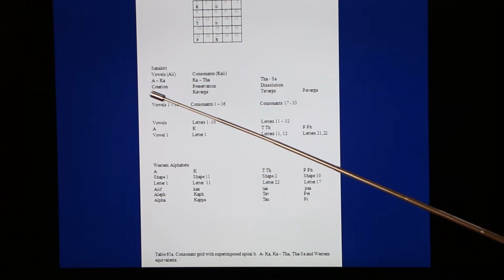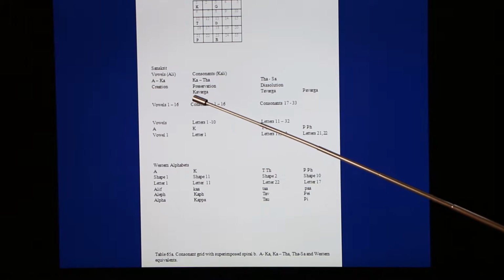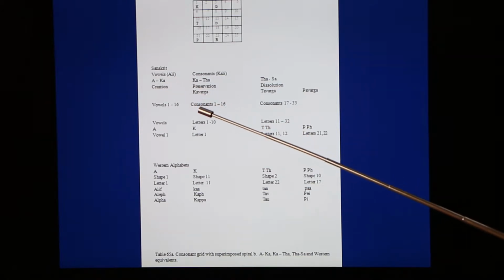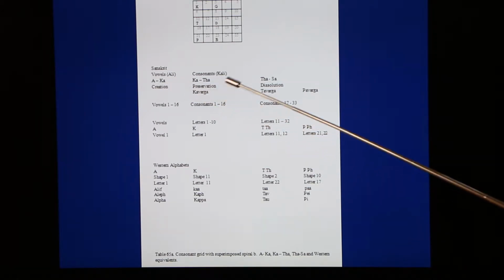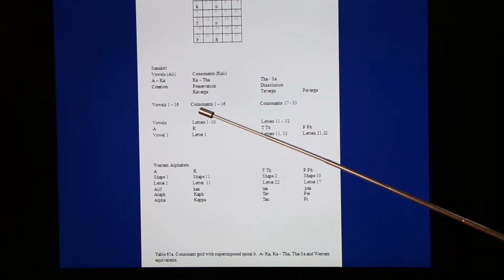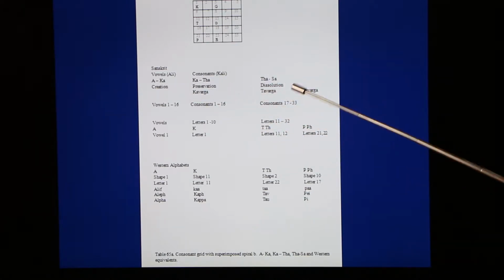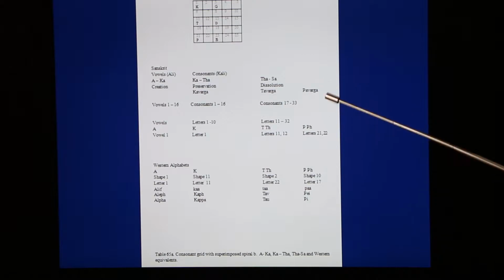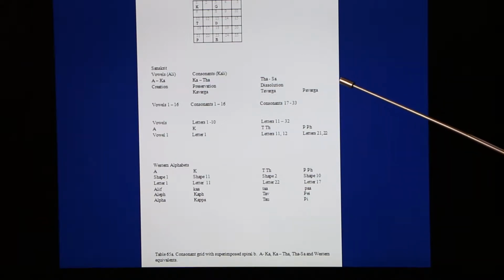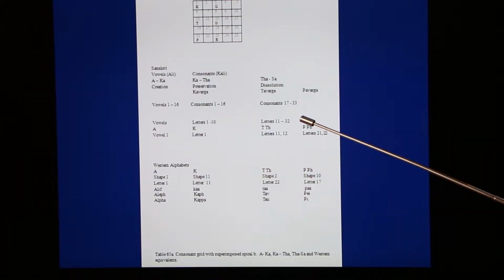This is the vowels and the first letter of the Ka Varga. From Ka to Tha gets us the Ka Varga and the Ta Varga. Then we have the Pa Varga. So A, K, T, H.